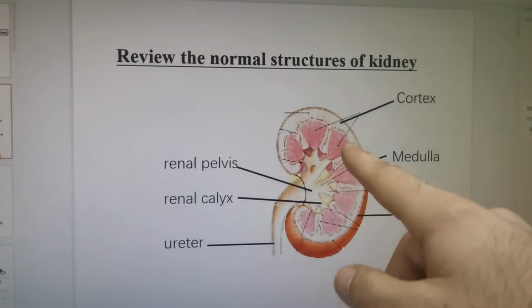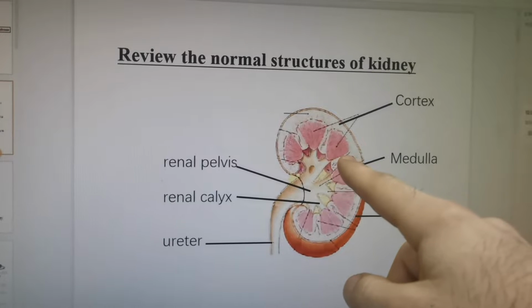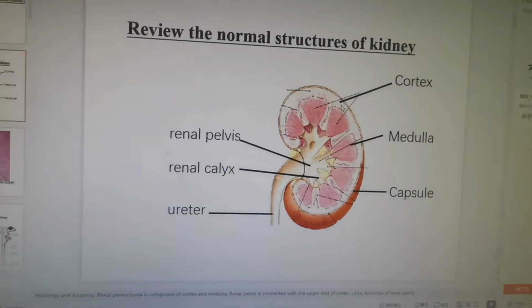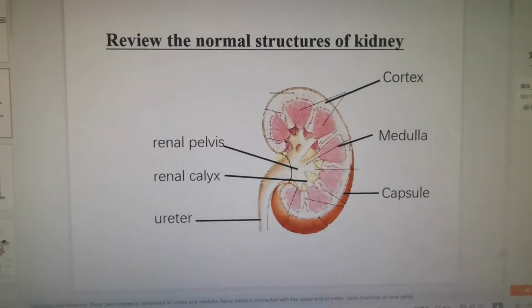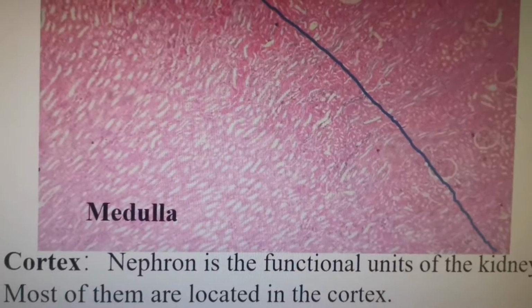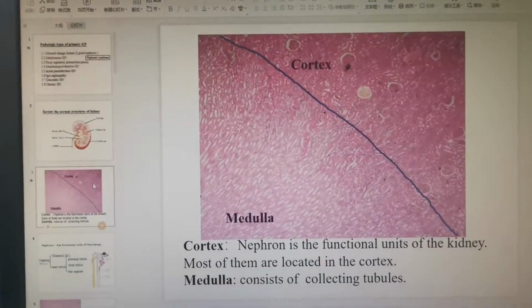Inside the medulla and the cortex there are the nephron tubules, or you can call them conductive tubules. This is the basic structure, an H&E stain.